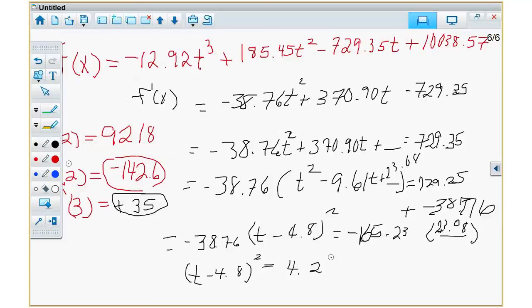Let's take the square root of that. T minus 4.8 is equal to what? Positive or negative 2.06. Now take 2.06 plus 4.8, that's going to be 6.86.